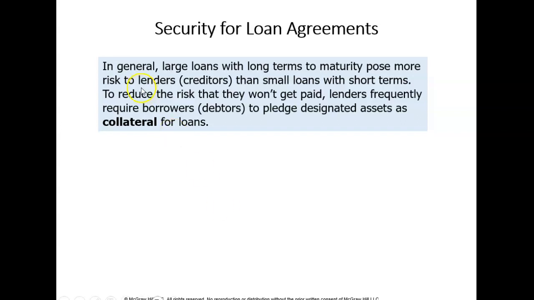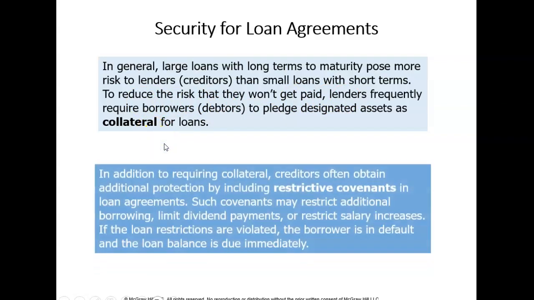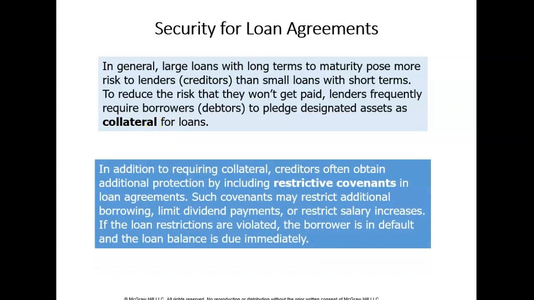Okay? In general, large loans with long terms to maturity pose more risk to lenders than small loans with short terms. So to reduce the risk, lenders pledge assets as collateral for loans. I'll give you an example of that.